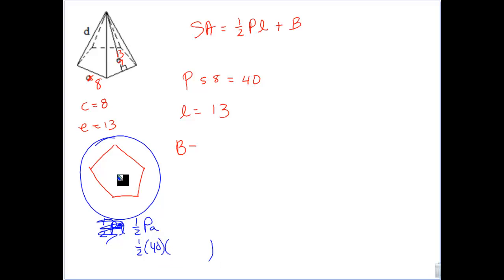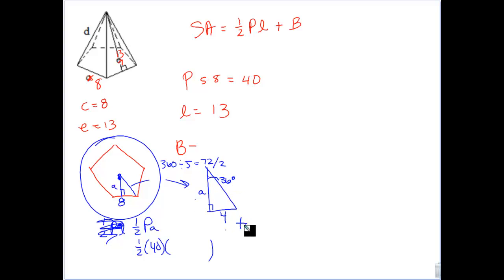So recall the apothem is from the center to the midpoint. And if each side is 8, we can pull that triangle out. This is 4, this is our apothem. And now we need to figure out what that angle measure is. Well, there's 5 sides, so we do 360 divided by 5, which is 72. And then we divide that by 2 because we split the triangle in half, so that's 36 degrees.